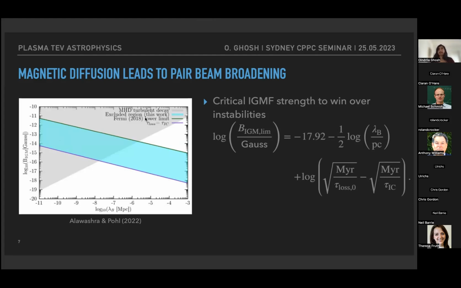So the idea is they should at least be equal for the instability to be more efficient than inverse-Compton scattering in draining the energy from the beam into the plasma.